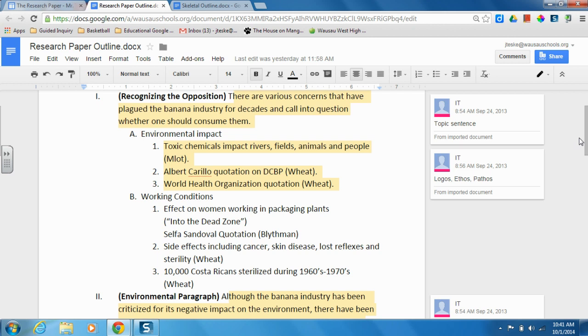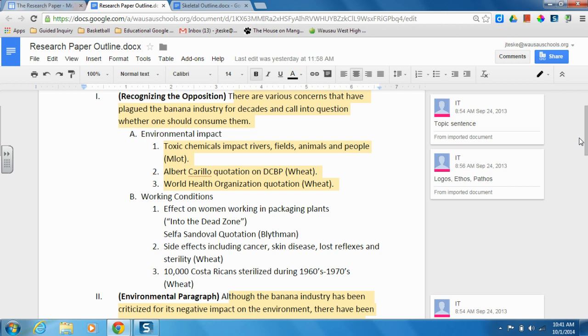For my oppositional paragraph, I'm recognizing that the banana industry has been horrible for the environment, and you can see my 3 supporting ideas relate to chemicals that are affecting rivers, fields, animals, and people. Then I have a quote about DCBP from an article written by Wheat, and then I have a quotation from the World Health Organization, which sounds like it would be a credible source, from the article written by Wheat as well.